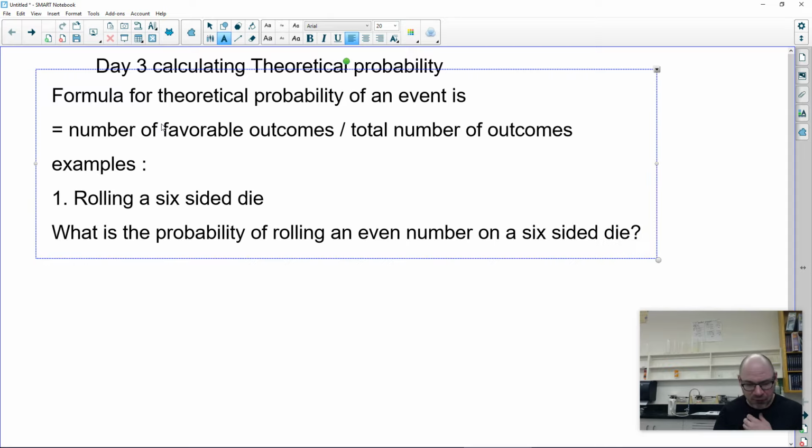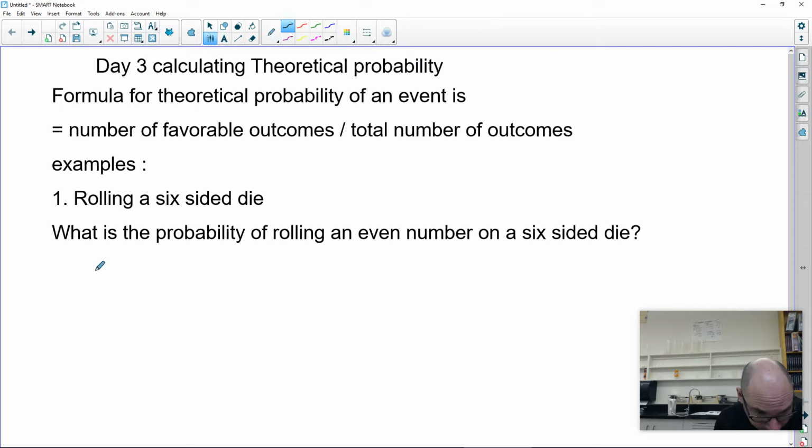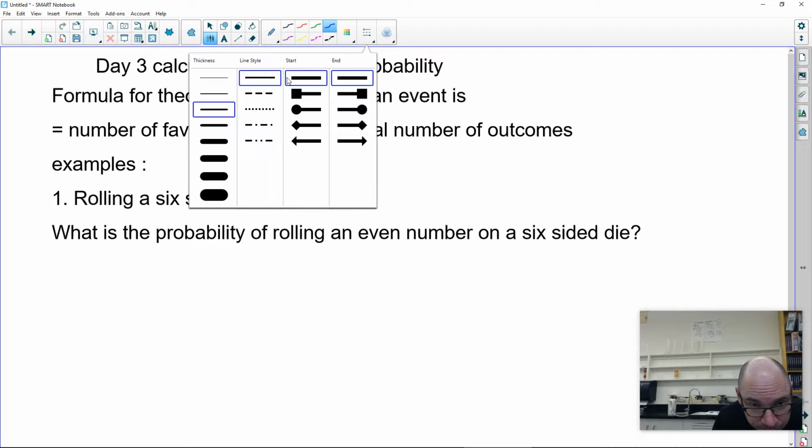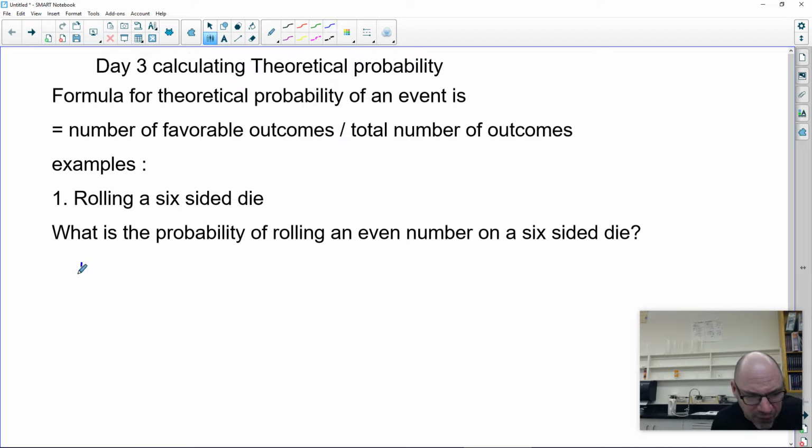Okay, so when we're doing that, the total number of sides on a 6-sided die is 6. There are 6 numbers. So the total outcomes that we could get are 1, 2, 3, 4, 5, or 6. And the favorable ones we'll circle in green.